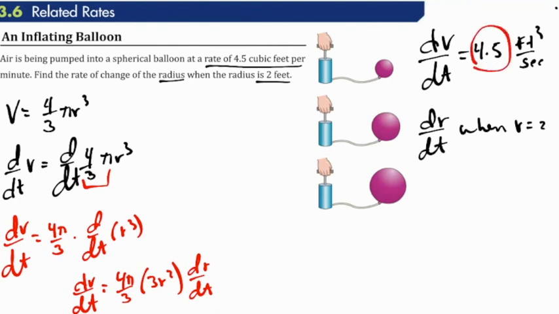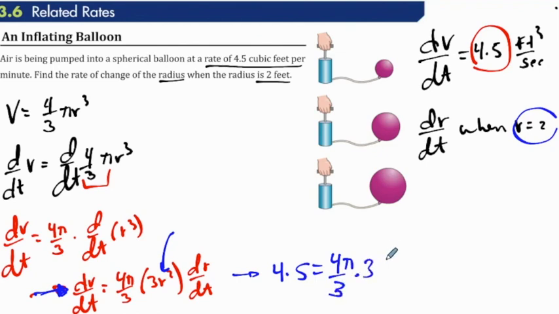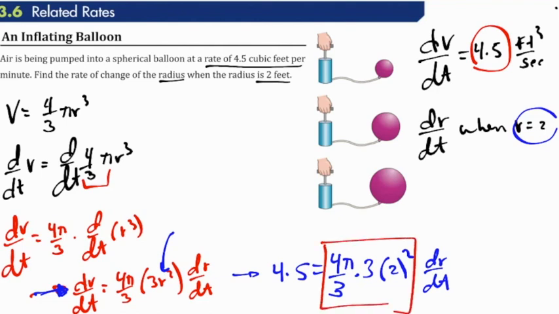So we see we have a number we can plug in for dV/dt, and we have a number we can plug in for r. So this gives us 4.5 equals 4 pi over 3 times 3 times 2 squared times dr/dt. And we're going to solve for dr/dt. So we want to move all of this to the left-hand side through division. And we see that dr/dt is equal to 0.09 feet per second.